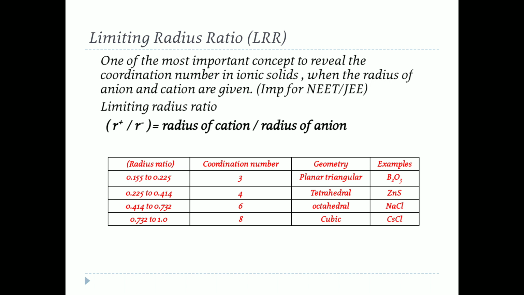If the value falls in the range of 0.225 to 0.414, the coordination number is 4 and the geometry is tetrahedral. 0.414 to 0.732: coordination number 6, octahedral geometry. 0.732 to 1.0: coordination number 8, and it is cubic geometry. So please do remember this chart, it is very important for your CET.